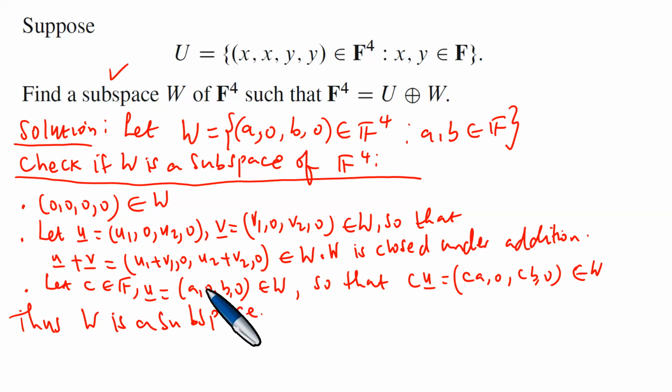But now we need to show that it is a direct sum. So the summation is not just the summation of two subspaces, but it is a direct sum. For the direct sum, we have a couple of things to do. Now I'm going to move to the next page.